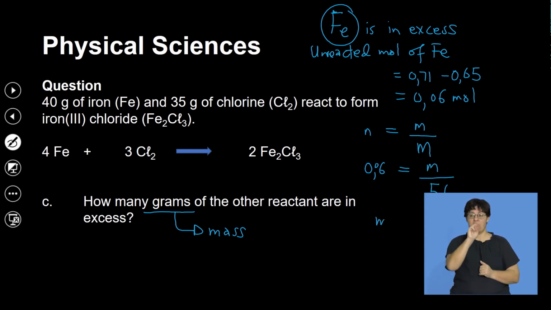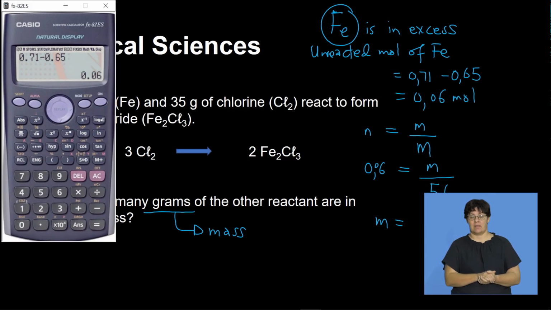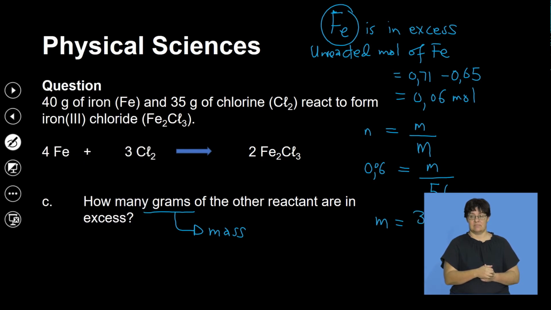So the unreacted mass is that product: 0.06 multiplied by the molar mass of iron, which is 56. This gives us, as a decimal fraction, 3.36 grams. So 3.36 grams of iron is unreacted.